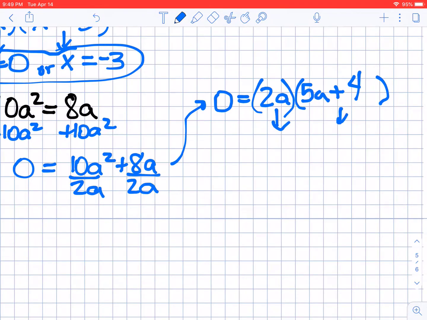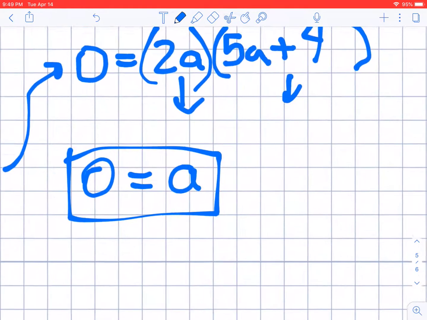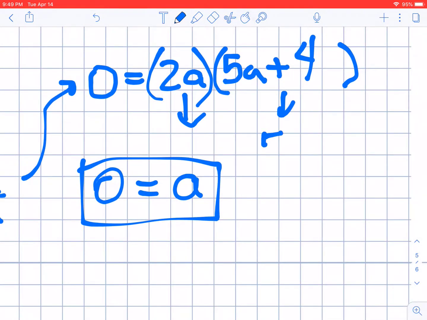Finally, solving for a, if 2a is 0, then a has to be 0, so there's one answer. 0 equals a, or a equals 0. And then in this next one, it looks a little bit more complex. I can't solve that mentally. So I'm going to say 5 plus 4a equals 0. And now we solve.